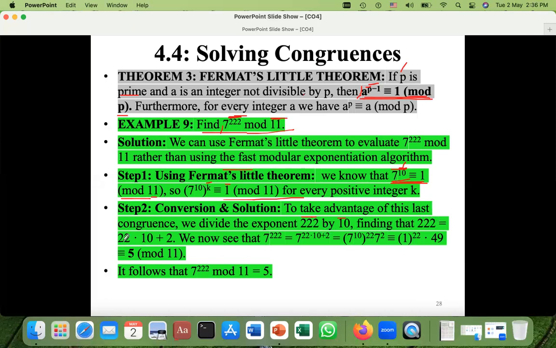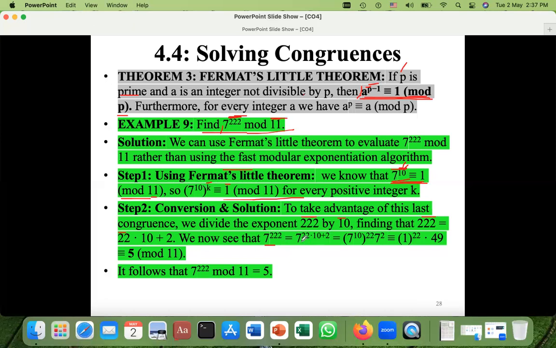So 222 is equal to, when you divide by 10, you have 22 times 10, which is 220, and then plus 2, 220 plus 2, it would become 222. So these are the factors and the remainders that can be equal to this 222. And then now you can rewrite your 7 to the power 222 like that, because 10 is something you have found here. And by using that 10, you have found something else with some remainder. Now you can rewrite your 7 to the power 222 into this form.